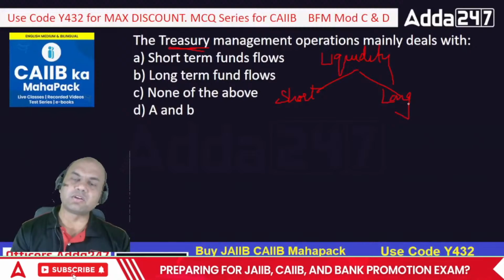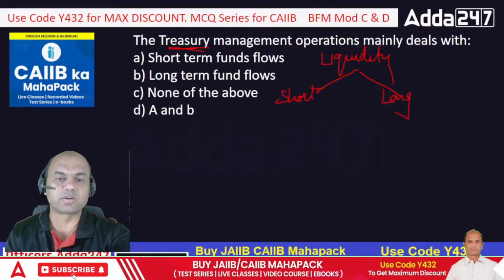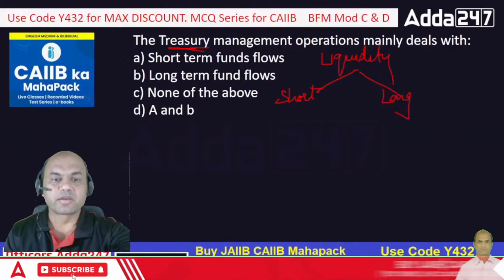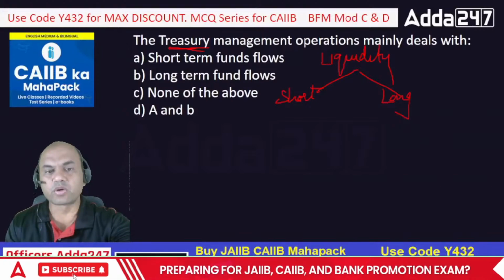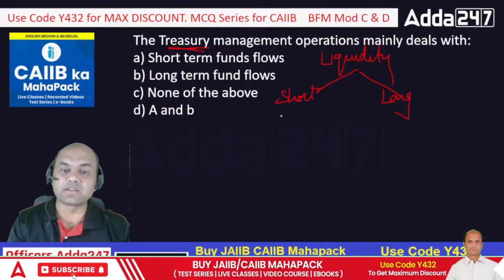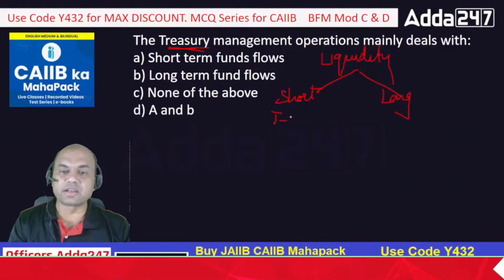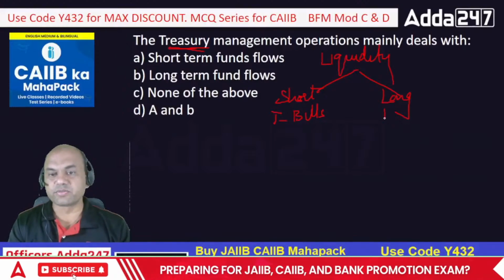How do I manage short term and long term in treasury? For short term I will be dealing with T-bills, treasury bills, and for long term I will be dealing with various bonds.